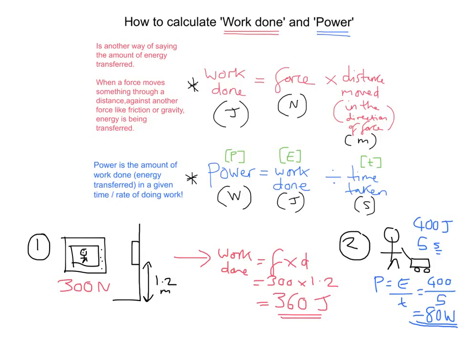Now, I have done a video to explain that force is equal to mass times acceleration. If an object is acting against gravity, then we would use gravity as the acceleration, so we've got a value of 9.8. So all you would have to do is multiply that value by the mass, and that would give you the force. If you know the force and you know the distance, you can then work out work done and so on. And then you can substitute the value for work done into power.